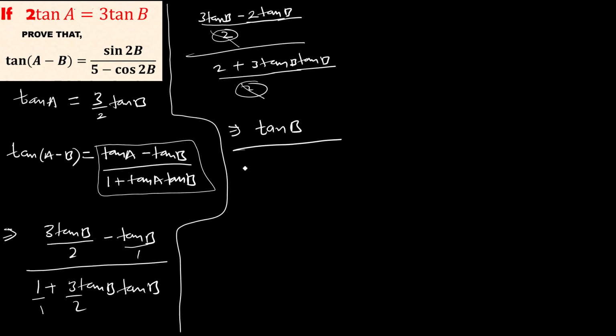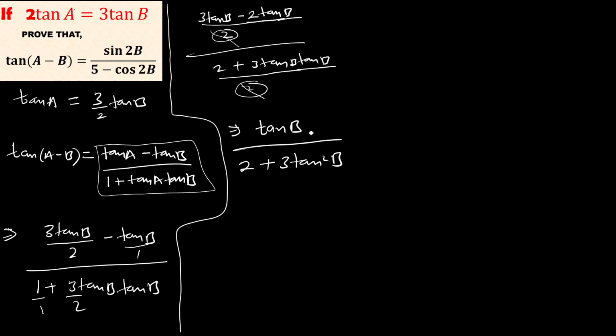We have 2 plus tan B times tan B, which is tan squared B. Okay, all right, so we have this, but let's put our attention on sin 2B on 5 minus cos 2B. Definitely we are going to apply the double angle identity here.